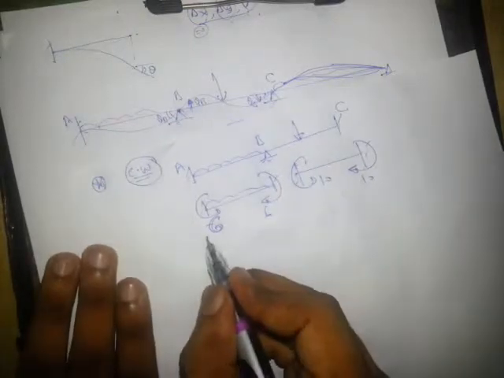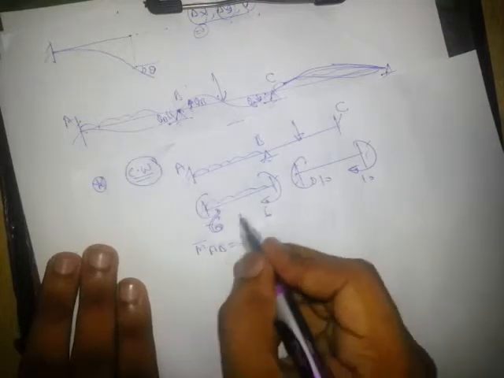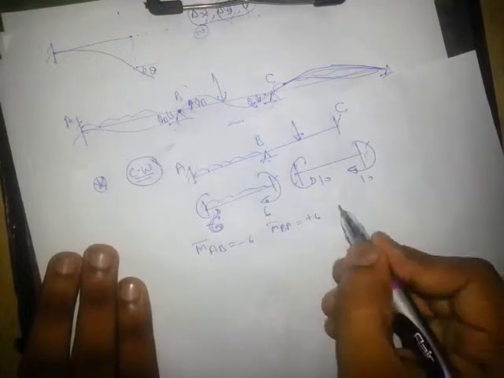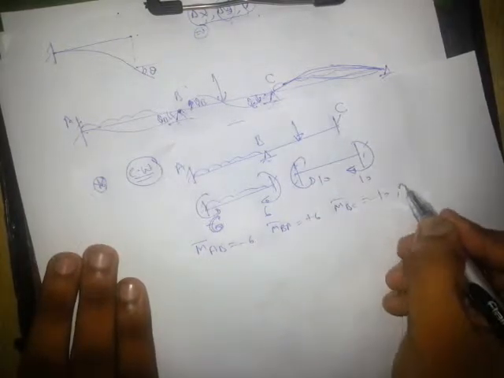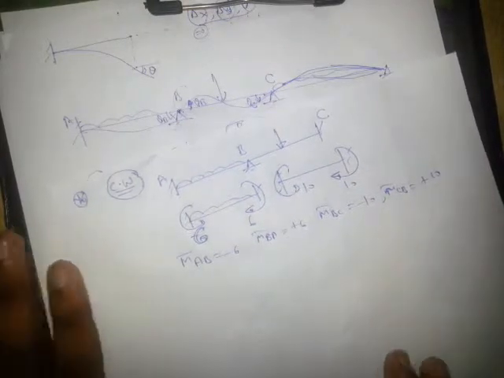Now, I can say that M bar AB will be minus 6 because anti-clockwise. M bar BA will be plus 6 because clockwise. M bar BC will be minus 10, anti-clockwise, and M bar CB will be plus 10, clockwise, right?